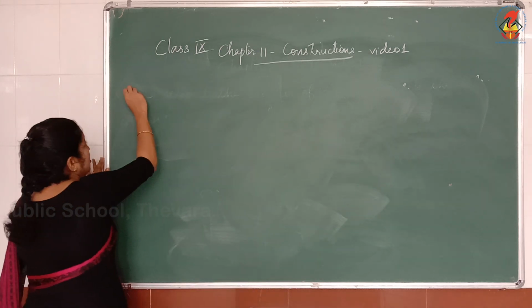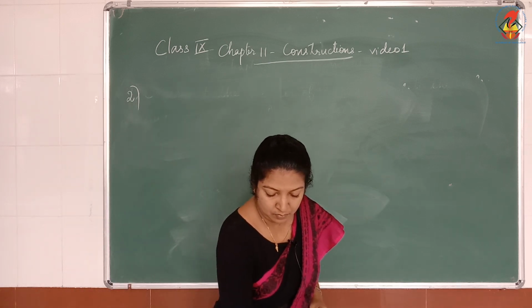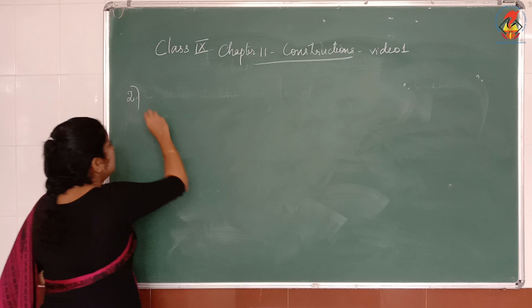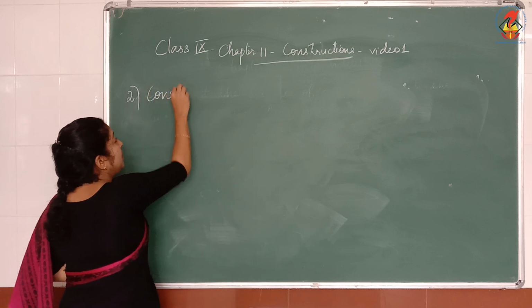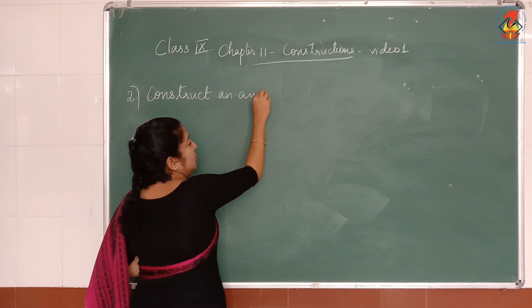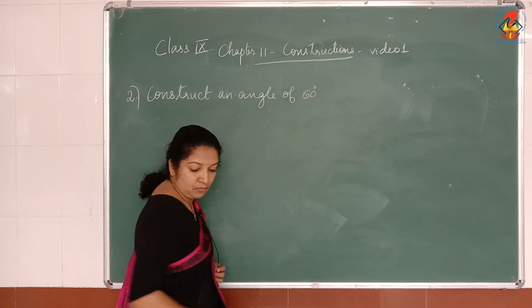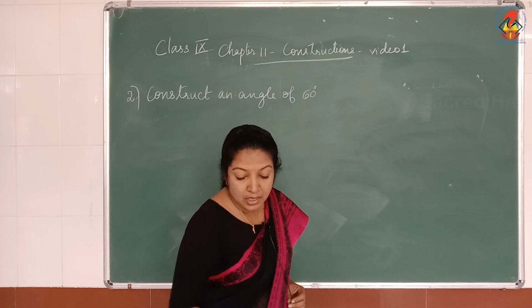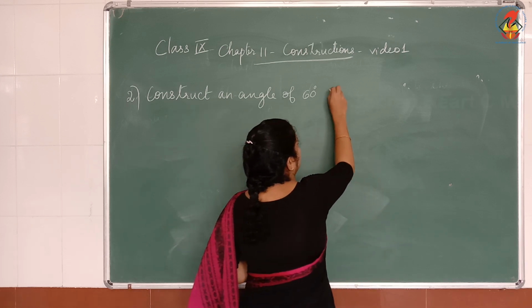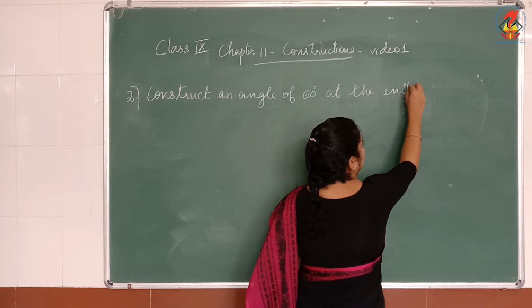So the next question is, construct an angle of 60 degree at the initial point of a given ray.